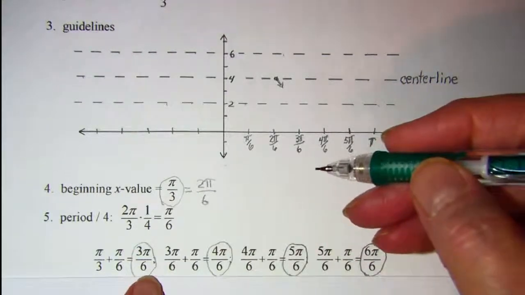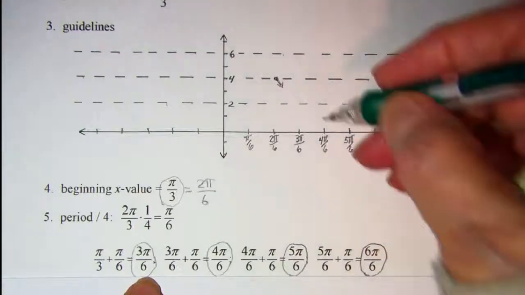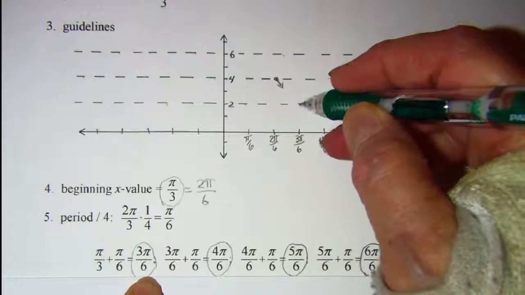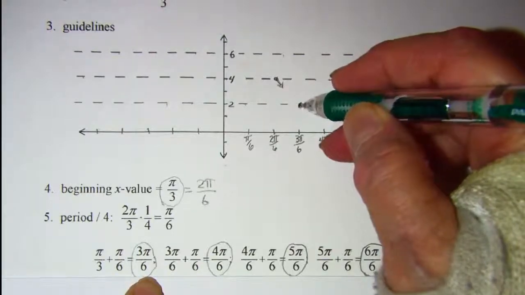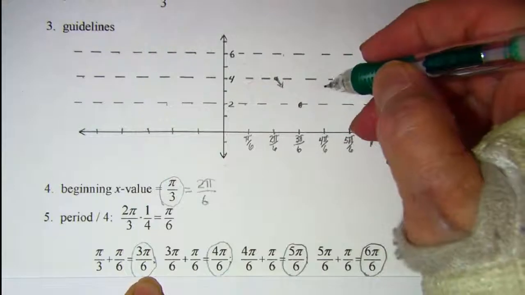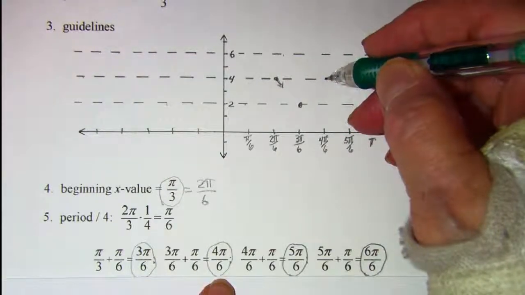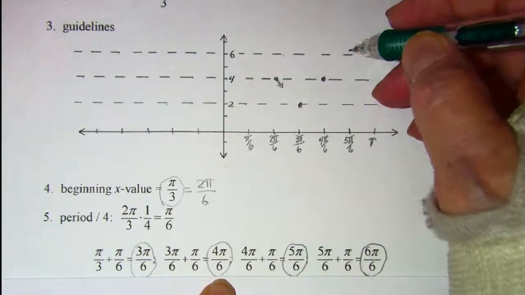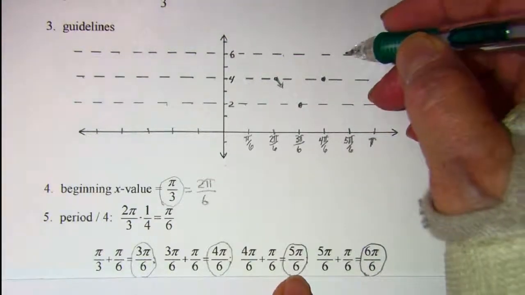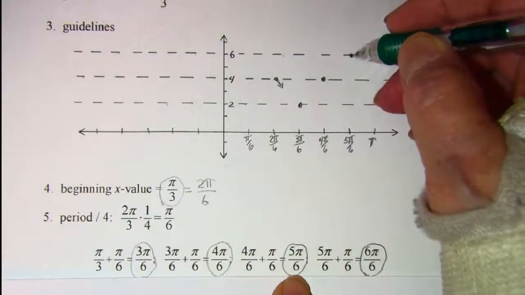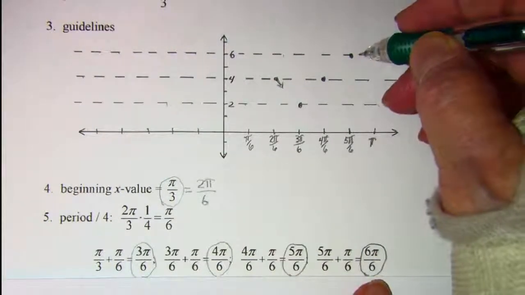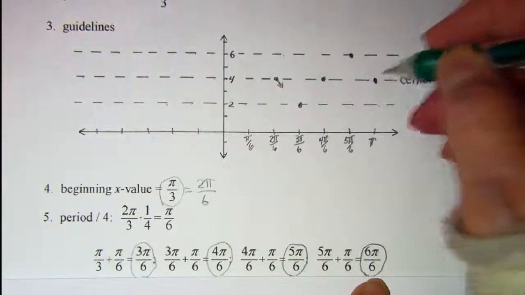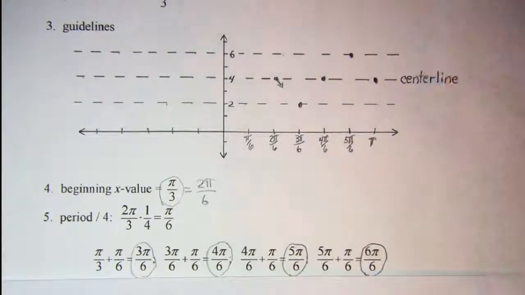Then my next mark is at 3 pi over 6, and that's going to be here at my minimum guideline. Then I have to hit my center line again. That'll be at 4 pi over 6. Then I'm going to hit my maximum line. That'll be at 5 pi over 6.